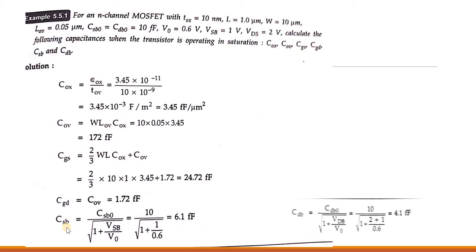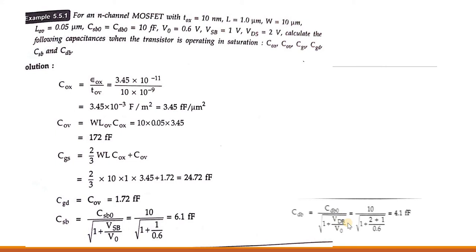Then you are going to calculate the junction capacitances, that is CSB and CDB. You know the formula, CSB naught divided by root of 1 plus VSB by V naught, which is equal to, VSB is given, CSB naught is also given. Substitute all this, you will get 6.1 femtofarad, and CDB will be CDB naught divided by root of 1 plus VDB by V naught. So what is VDB?